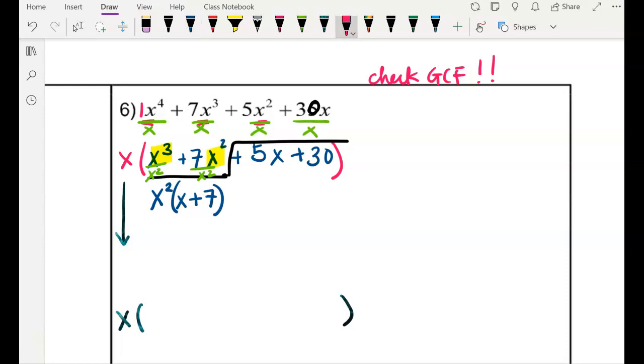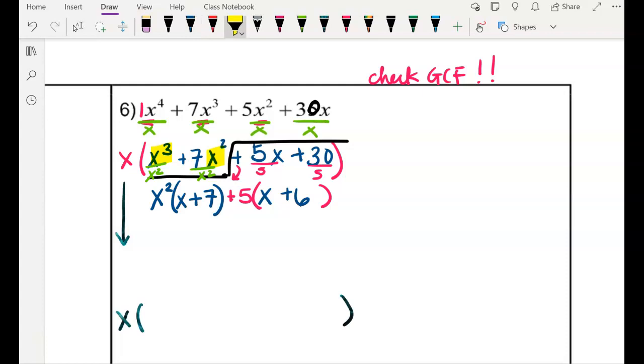This right here is a positive 5, so drop down the positive. Looks like they have a 5 in common, so take out a 5, so that means you divide it like this. So 5x divided by 5, guys, is x. 30 divided by 5 is 6.